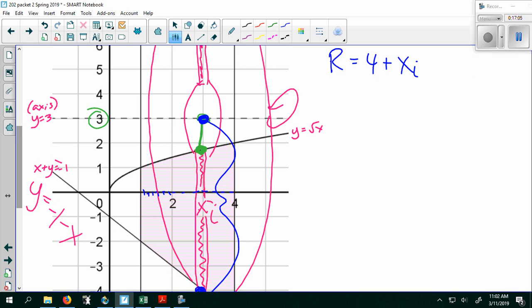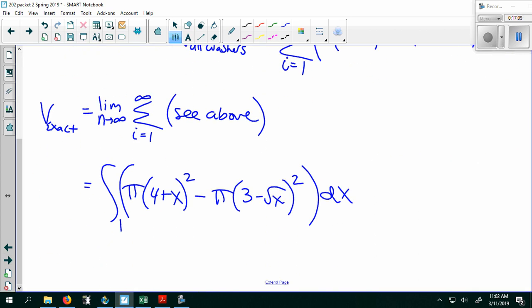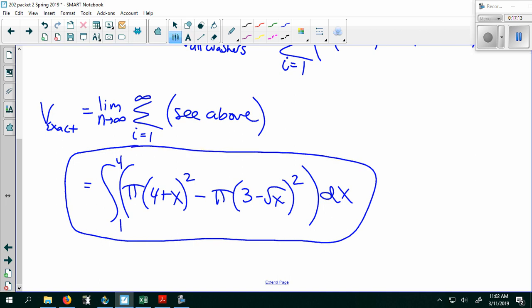So I'm going to integrate from 1 to 4. That integral, which would be fairly straightforward to integrate by hand, or you could just put in a calculator, tells me the exact volume of that region rotated about the line y equals 3.